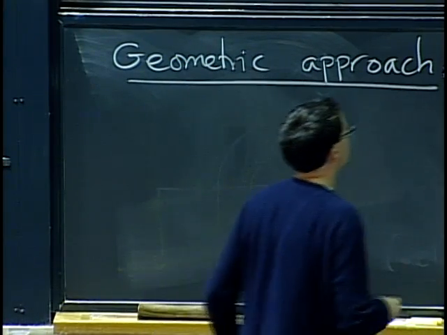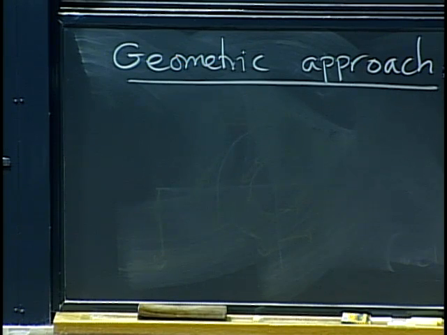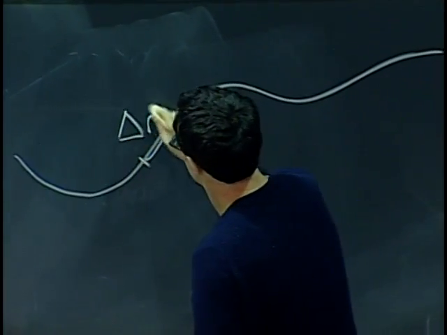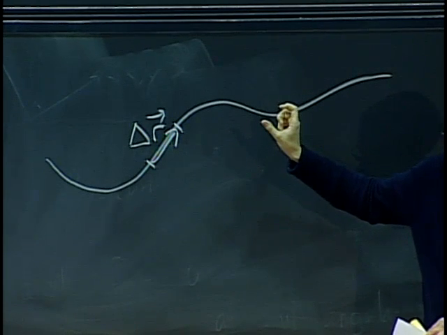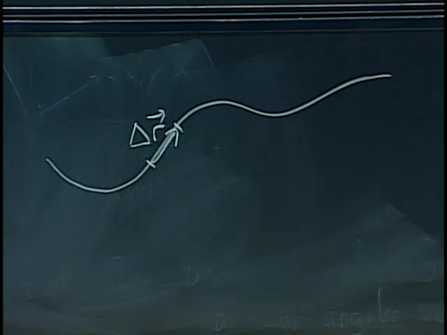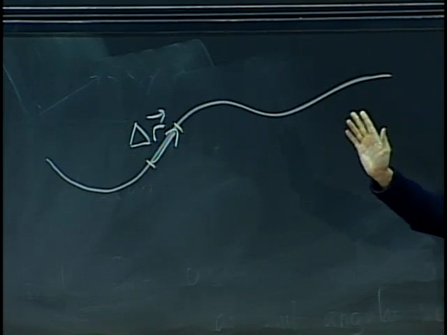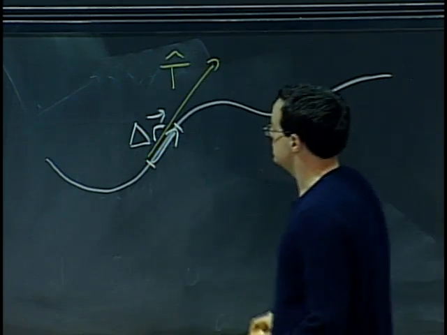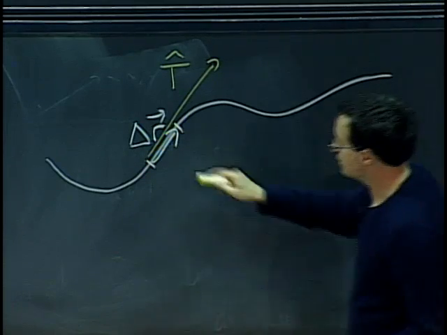So one thing I want to remind you of first is, what is this vector dr? Well, what is vector delta r? If I take a very small piece of a trajectory, then my vector delta r will be tangent to the trajectory. So it will be going in the same direction as the unit tangent vector t. And what is its length?